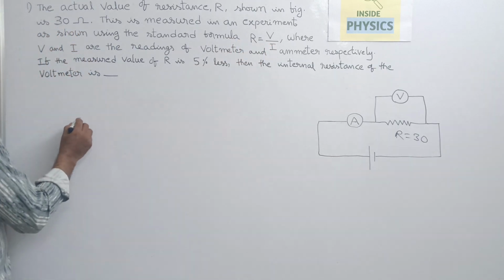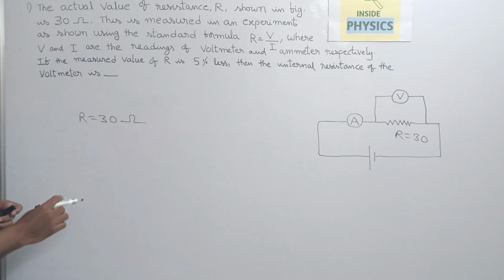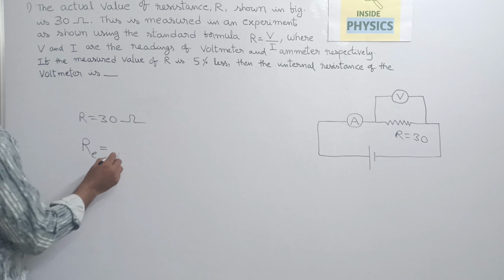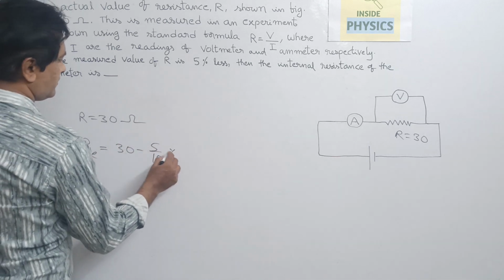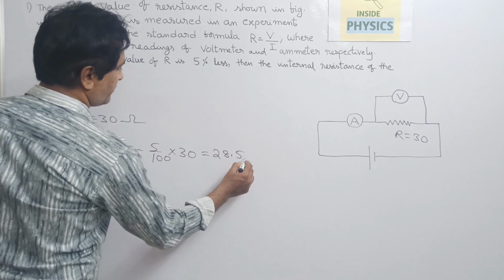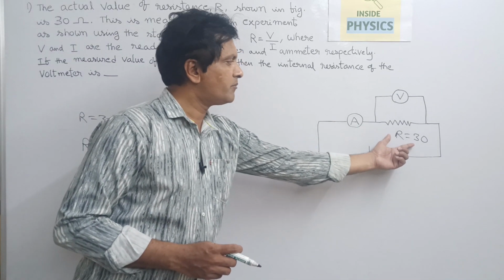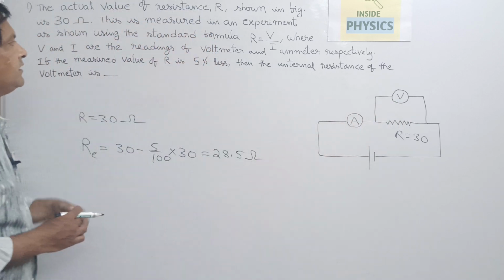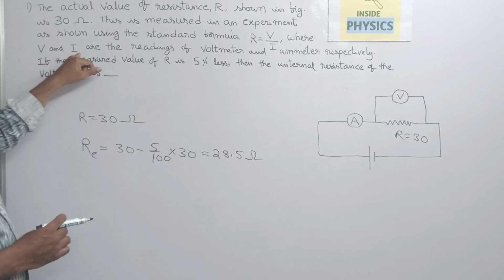R is equal to 30 ohms, so 5% less than 30 ohms means the experimental value is 30 minus 5 by 100 into 30, which comes out to be 28.5 ohms. This is the resistance of the experiment, and when voltmeter and ammeter are connected, the readings of voltmeter and ammeter are also noted as V and I.